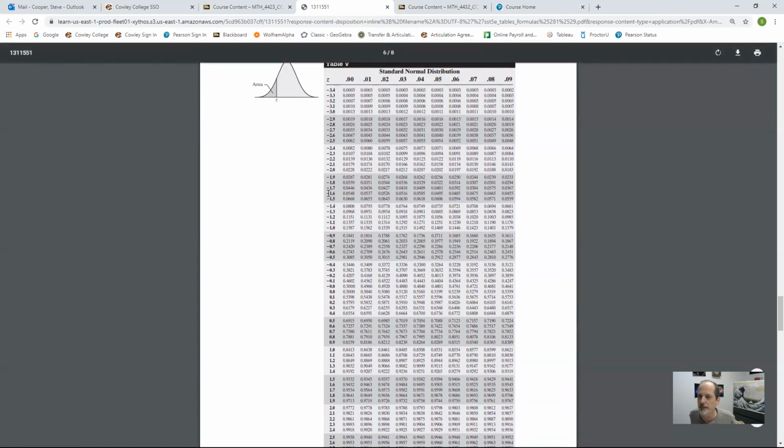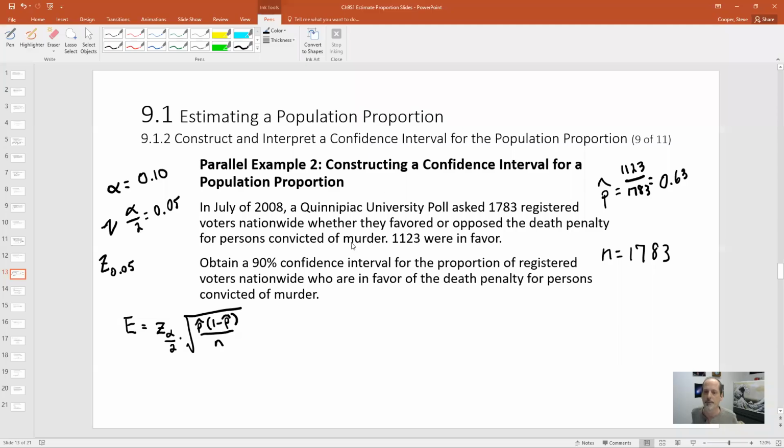The reason this is negative 1.645 is because this is the area to the left of the curve, and remember that the Z sub alpha notation asks for the area to the right. So we're just going to complement it.